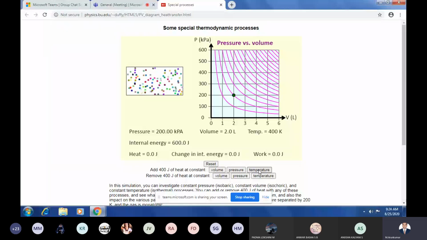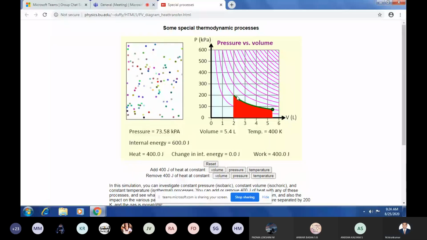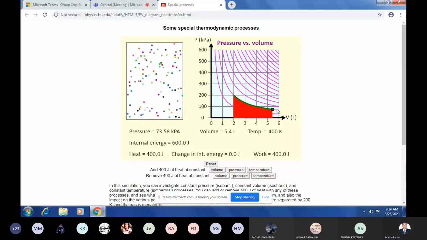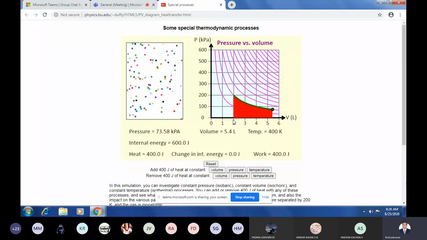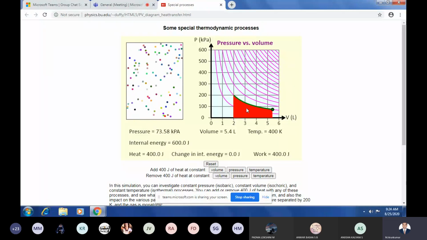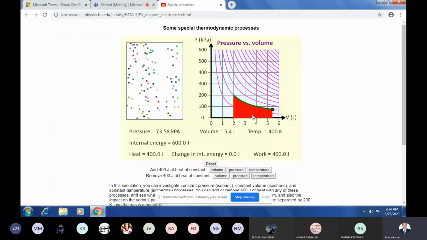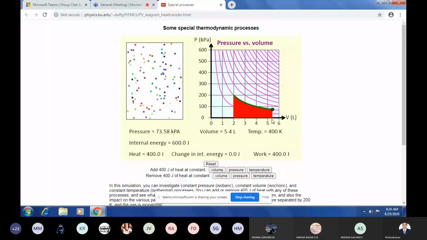If you add 400 joule of heat to the system in a constant temperature process, let's say an isothermal process, this process will happen. We are decreasing the pressure, and we are increasing the volume in an isothermal process.